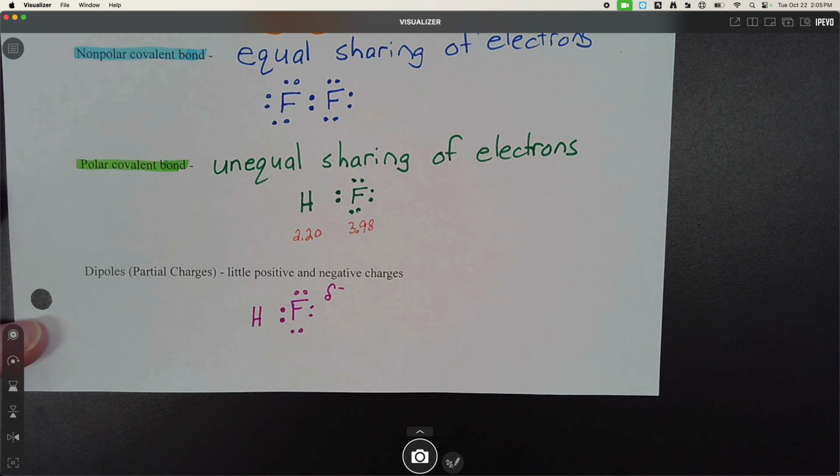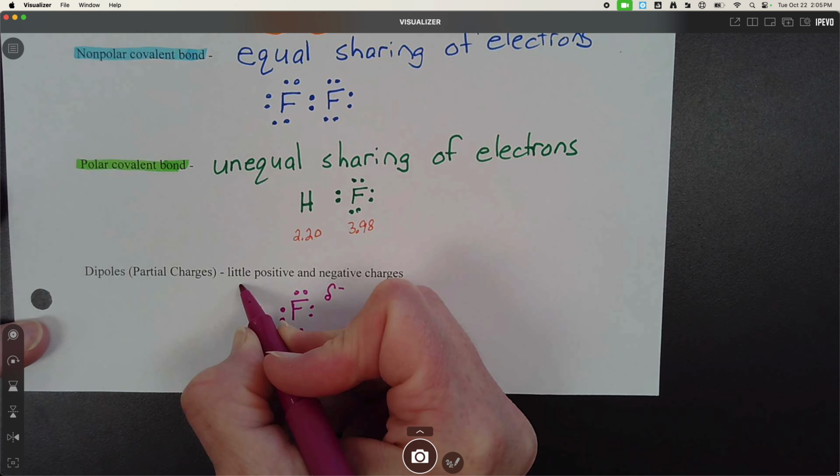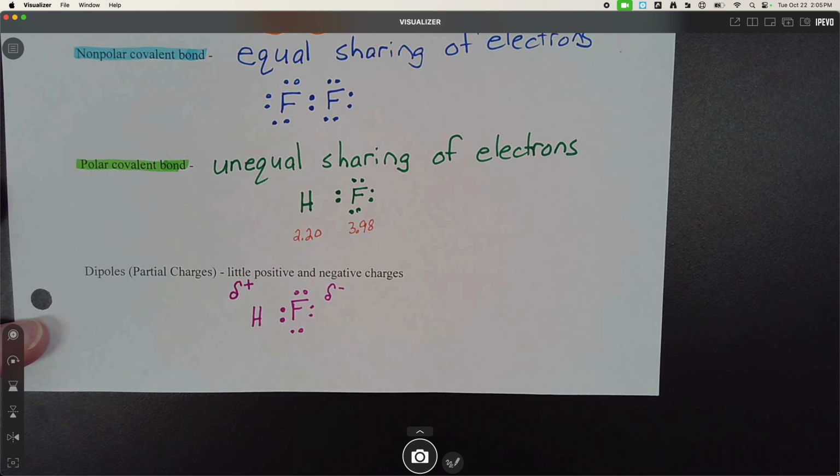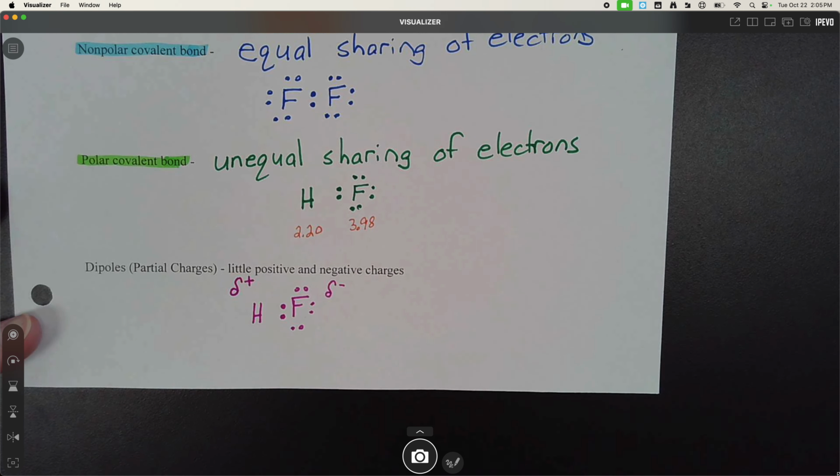It's not a total and complete -1 charge. It's just a little bit negative, and because the electrons moved away from the hydrogen, that end of the molecule is a little bit positive. And that's called a dipole.